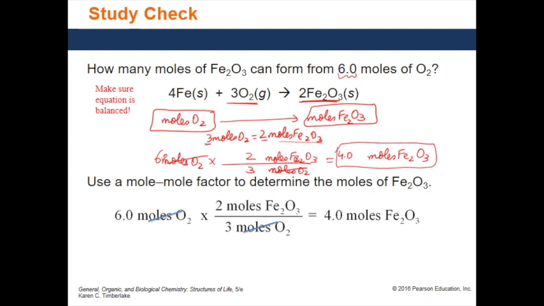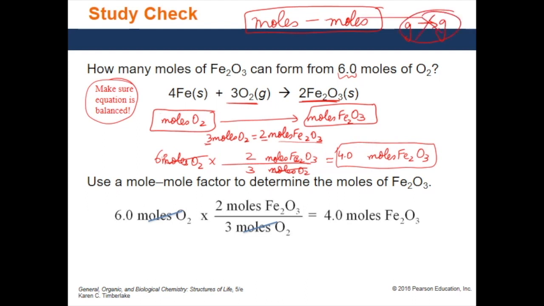Now, what is important here? Make sure that your chemical reaction is balanced. And second thing is, you can only do this in moles. When you're going from mole to mole, there is no other relationship that you can work with. You cannot go from grams of one to grams of other in this form. That would not work. You cannot say that 4 grams of iron will produce 2 grams of iron sulfide.